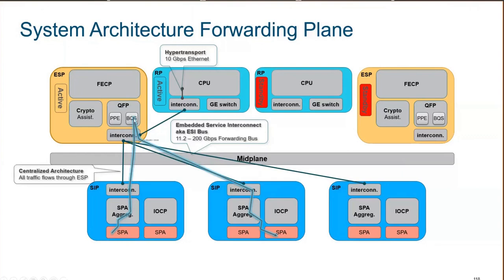Once it is done, if it is destined to another device, it will be sent to the corresponding exit ports. In this case, it is a different SIP module, where it will be put on the wire. If it is destined to the same device, from the interconnect it will be sent to the RP, which we call punt. So this is the basic packet flow in the ASR device.